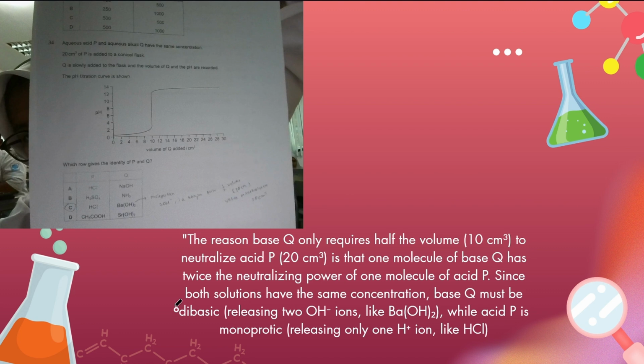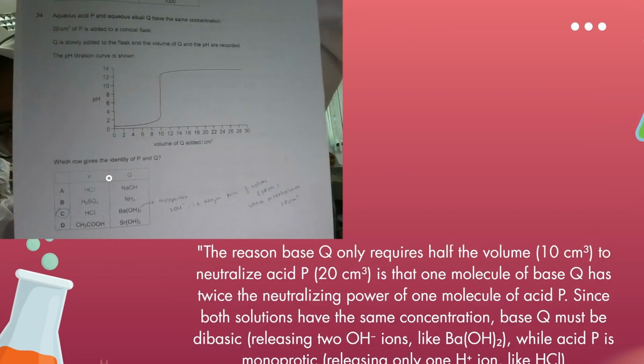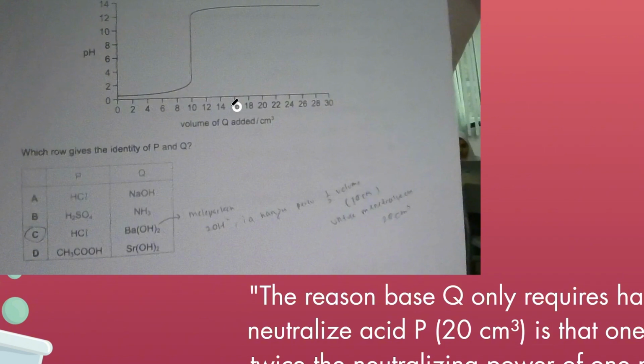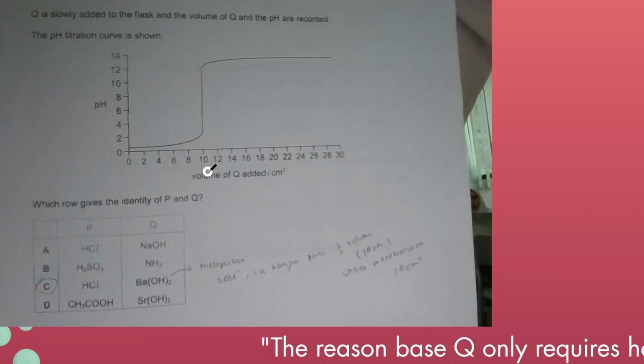As you know, each of the Q and P has 200 centimeter cubic, while here, a lot of people were wrong. Only Q needs to be 10. Okay, needs to be 10.